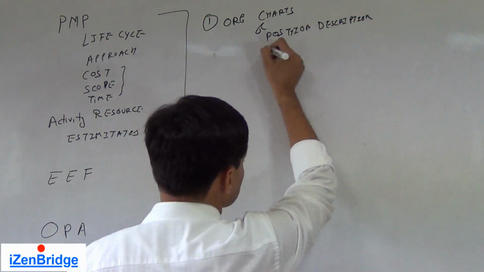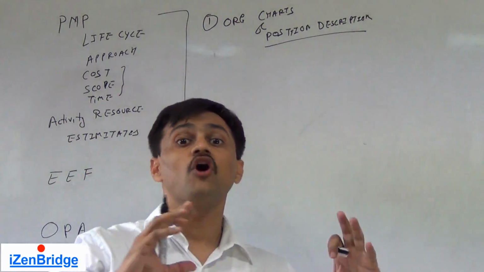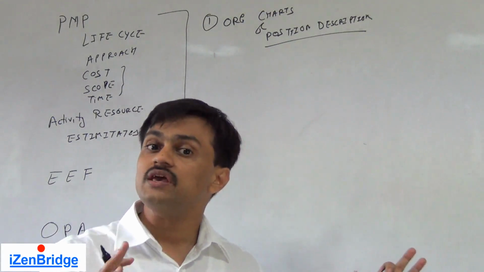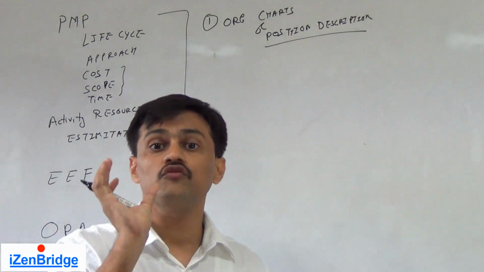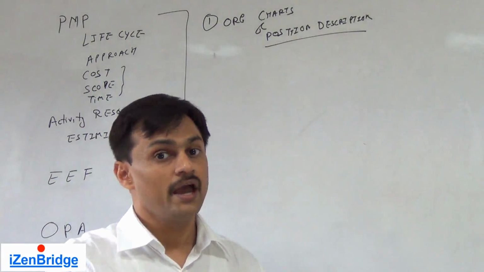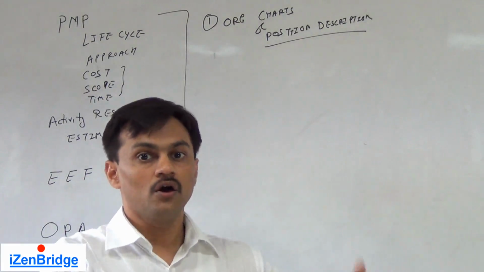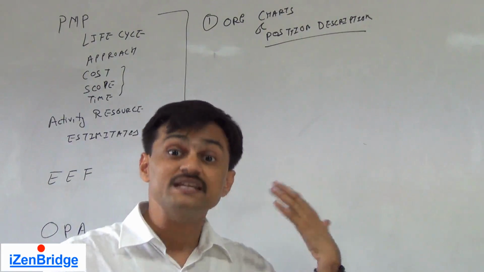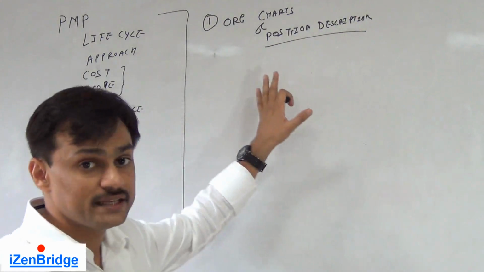In this tool and technique, we talk about what kind of project organization structure we are going to follow in this project, what we expect from individual roles, and what kind of responsibility they would have. We can use various charts like the organization chart, organization breakdown structure, resource breakdown structure, responsibility assignment matrix, and textual descriptions in order to communicate that.